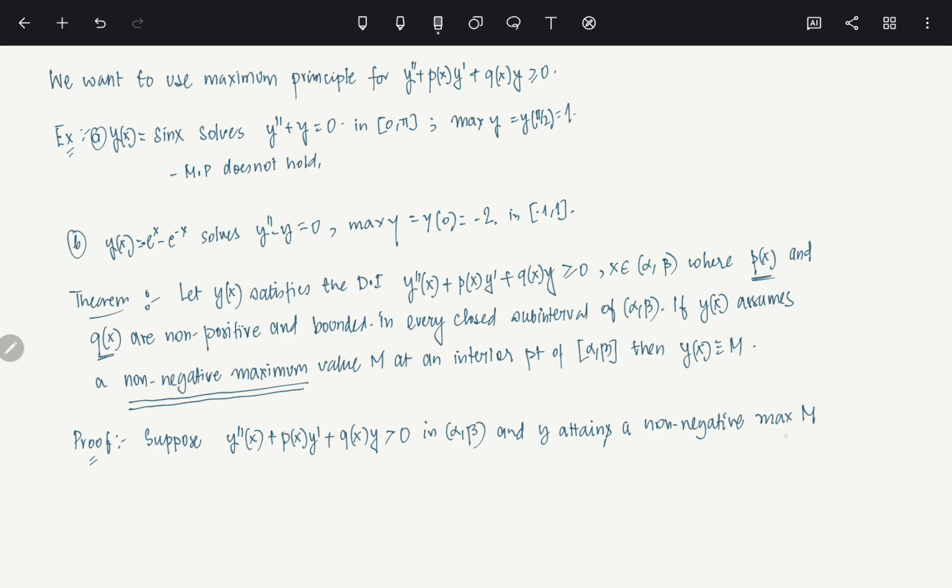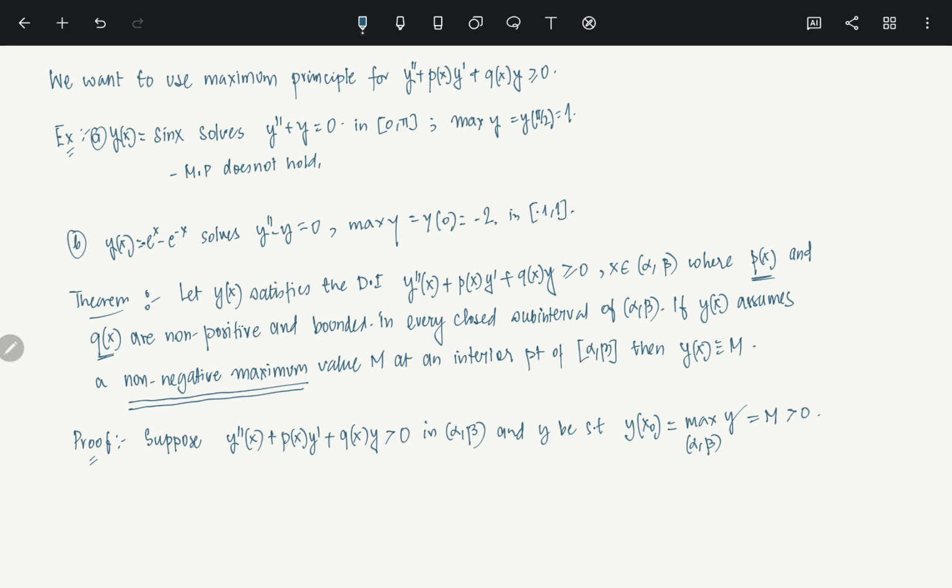So let y be such that y at the point x naught equals the maximum of y in (alpha, beta), which equals M, and let's say that is positive. This is what we are assuming.